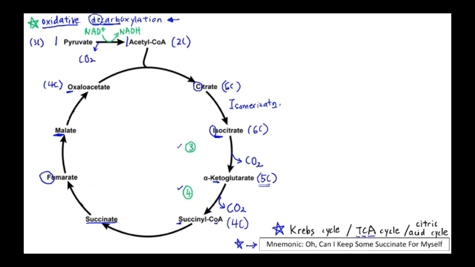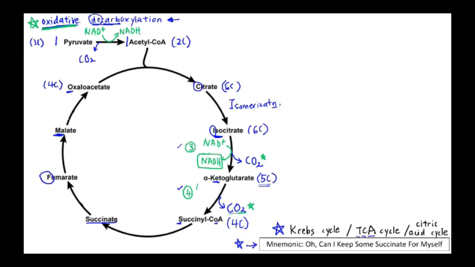And every time there is decarboxylation, it must also involve oxidative, which is oxidation. So the oxidizing agent involved here is NAD+, which will then reduce to become NADH. As well as step 4, not just decarboxylation, oxidation also occurs.